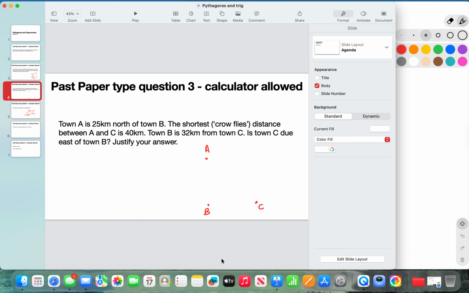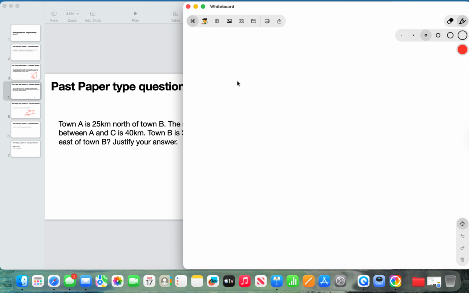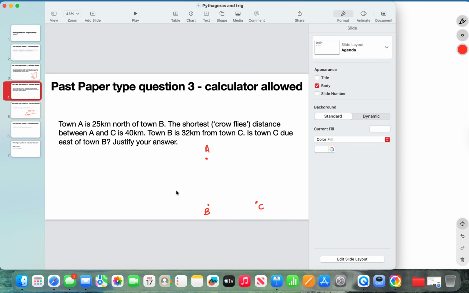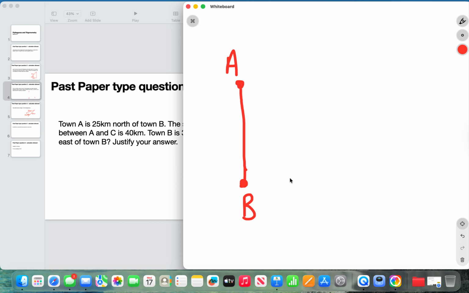Now, if we think about it, we know that A is 25 kilometres north of B. So we're going to sketch this information. B. And the distance between A and C, as the crow flies, was this.